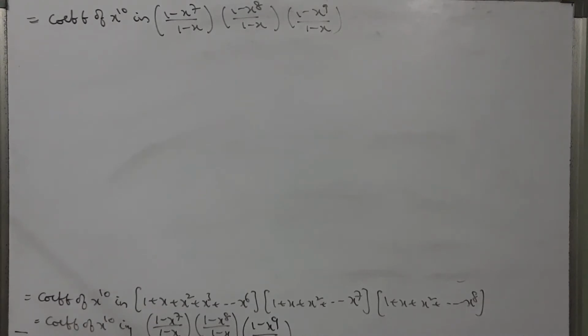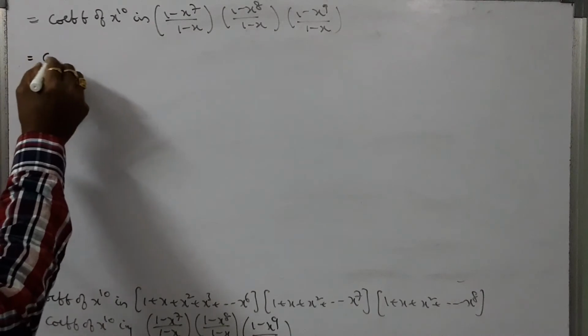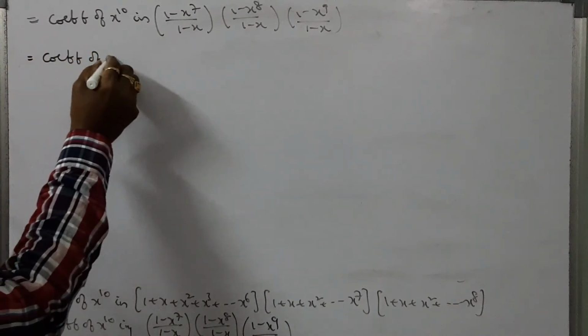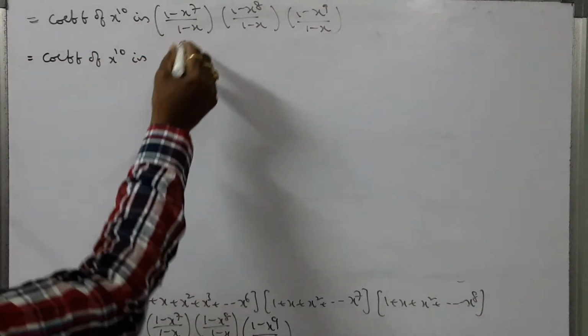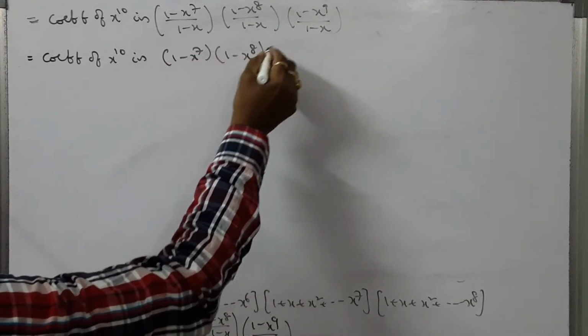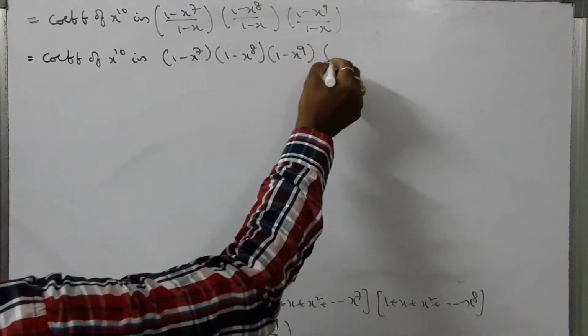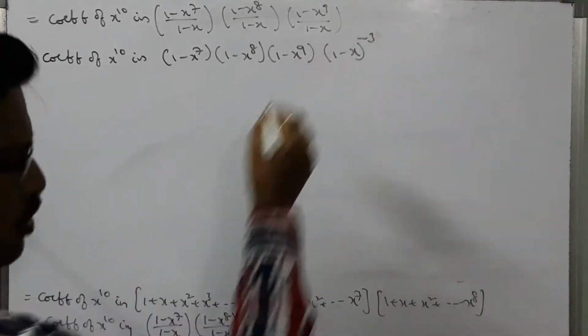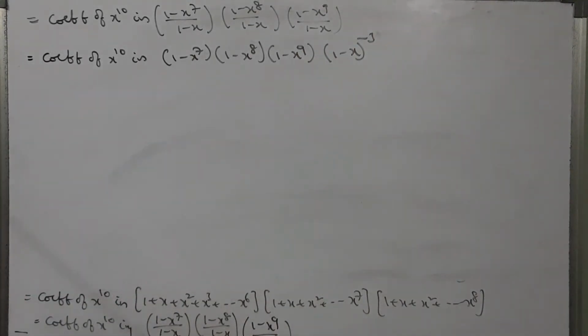Now this is equal to coefficient of x power 10 in (1 minus x power 7) into (1 minus x power 8) into (1 minus x power 9) into (1 minus x) whole to the power of minus 3.